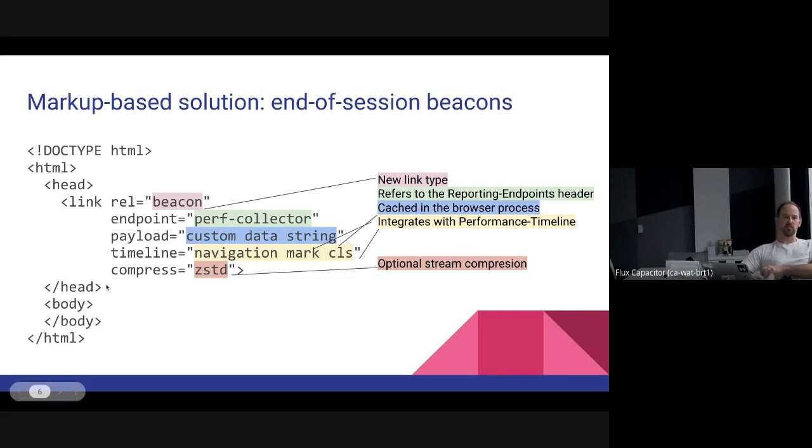And then we've heard that it would be very useful to be able to compress this sort of thing because this could be a lot of data. So providing the compression algorithm there. And then having this link in the head would basically be enough to register that beacon. The data would be stored, cached in the browser, and not sent out until we're ready to unload that page.